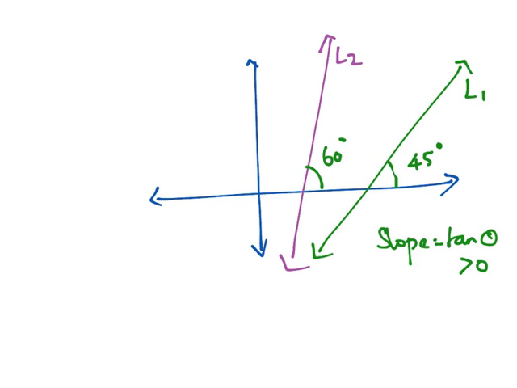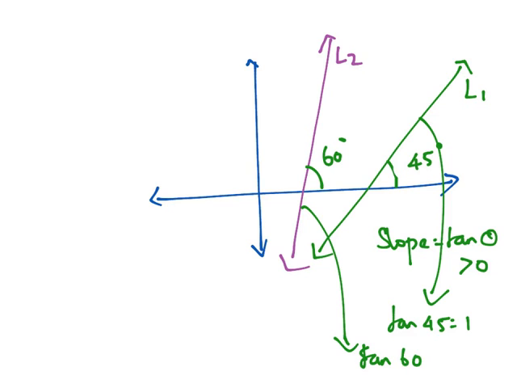Definitely the line L2, because for this one the slope is tan 45, which is 1, and for this one the slope is tan 60, which is root 3. Root 3 is more than 1, so the slope of L2 is more than the slope of L1.